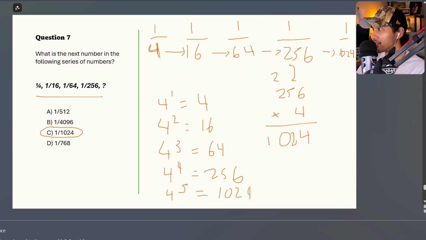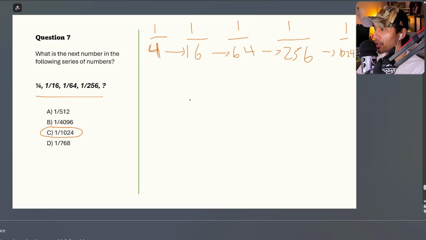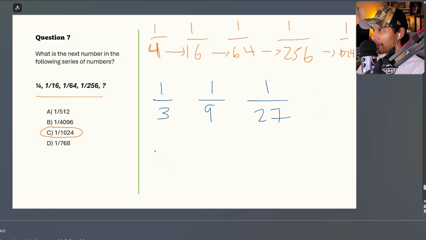Another problem that's just like this could be 1/3, and then 1/9, then 1/27, and then I don't know what the next one is, but you have 3 to the power of 1 equals 3. 3 to the power of 2 equals 9. 3 to the power of 3 is 27.